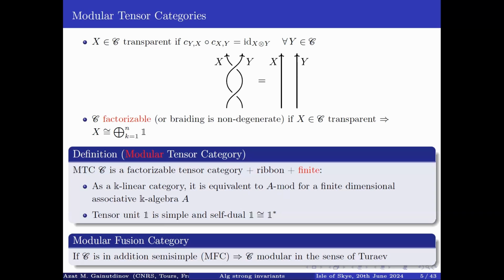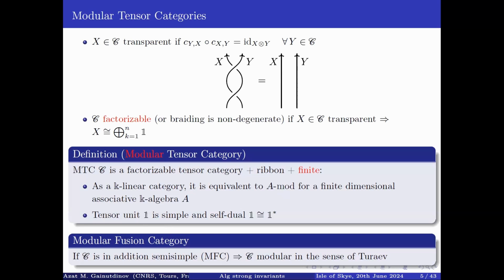And also we require the tensor unit to be simple and self-dual. Okay, so that's a finite condition. But otherwise, as I said, it might be non-semi-simple, it might contain continuously many indecomposable objects and so on and so on. We just require finitely many classes of simples, finite Hom spaces, and so on.